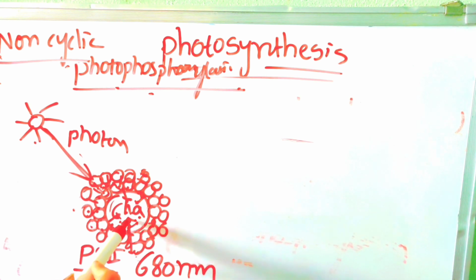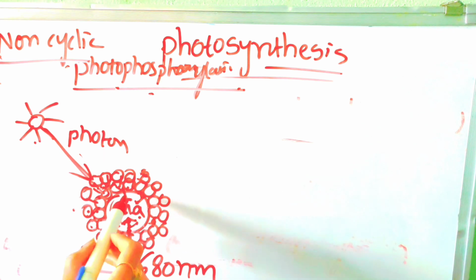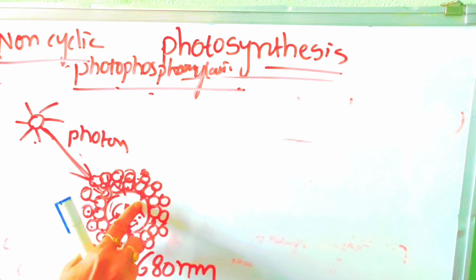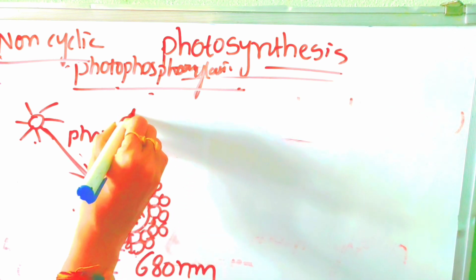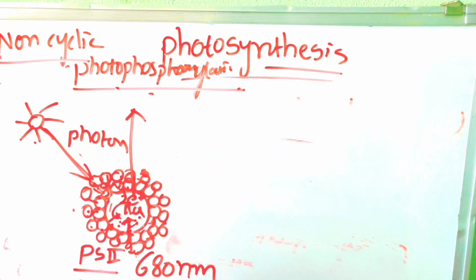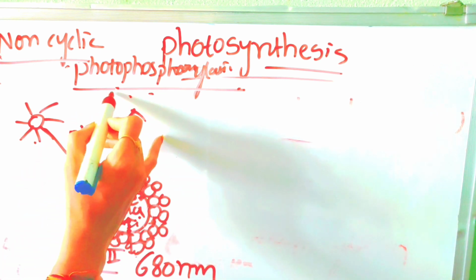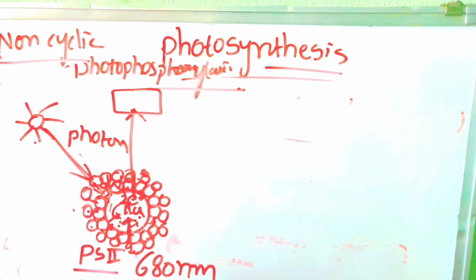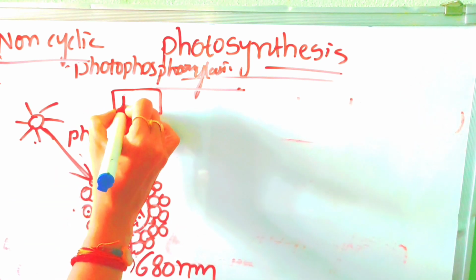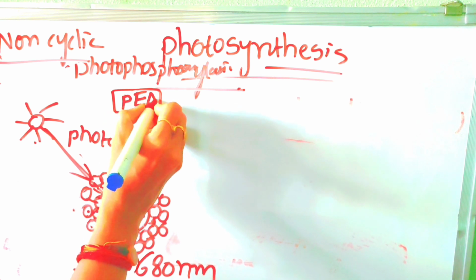This energy is utilized for a pair of electrons. In this reaction center, a pair of electrons is excited from the ground state to the excited state. In this excited state, the acceptor is present in the leaf molecule. What is the acceptor? The primary electron acceptor.